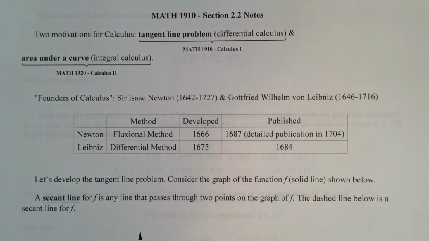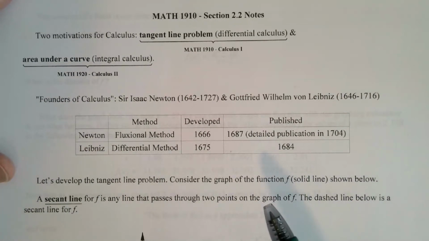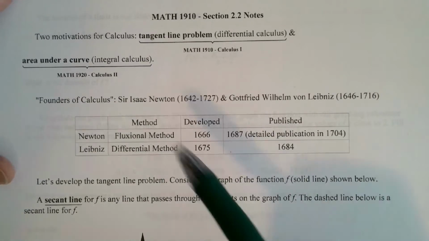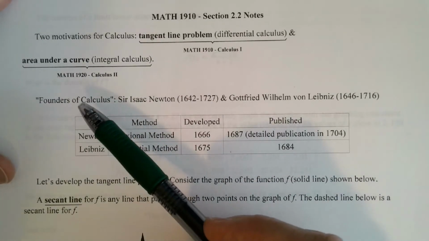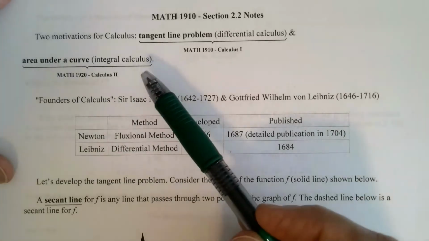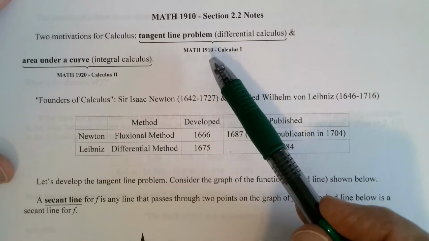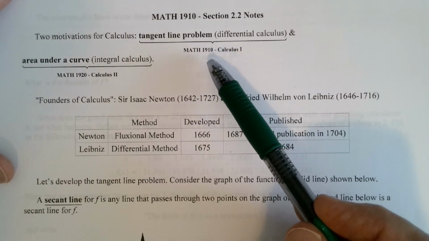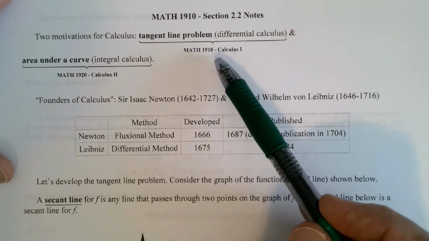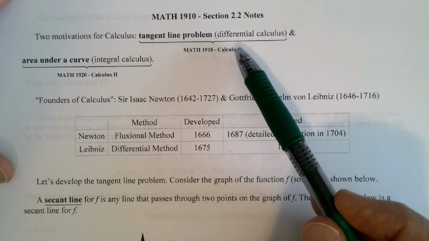Okay, we're ready to begin our study of calculus now that we've got the prerequisite material talked about and out of the way. We want to look at the two motivations for calculus, the tangent line problem and the area under the curve. The tangent line problem is what we're going to address here in this course, first semester calculus, sometimes referred to as the differential calculus.